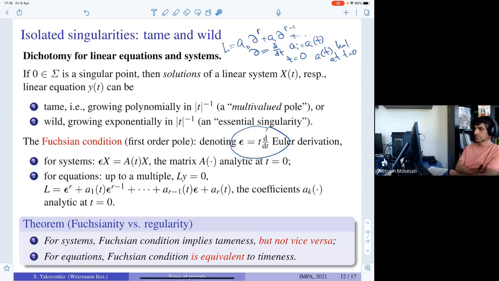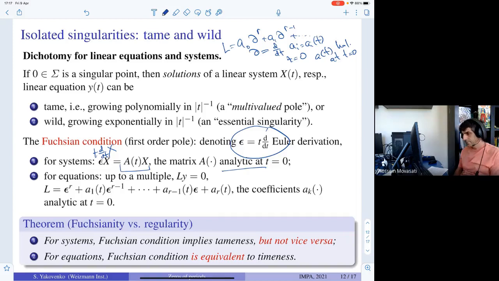If we write this re-expansion for systems, then we just have to say that the matrix A has a first order pole, because here we'll have t d over dt x, and here the holomorphic matrix, holomorphic analytic, which means precisely that the order of the pole is 1.